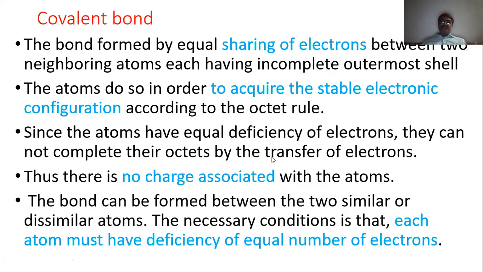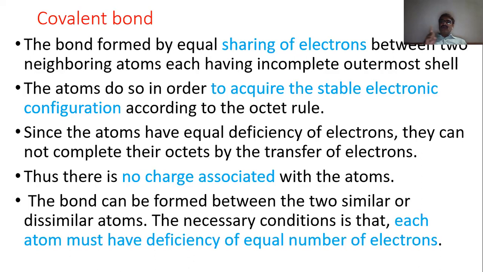Now the important thing is why there is not a transfer of electrons between these atoms, why there is sharing. Let us take, for example, the NaCl crystal. We have studied that the Na atom has only one electron in its outermost shell, while the chlorine atom lacks only one electron.